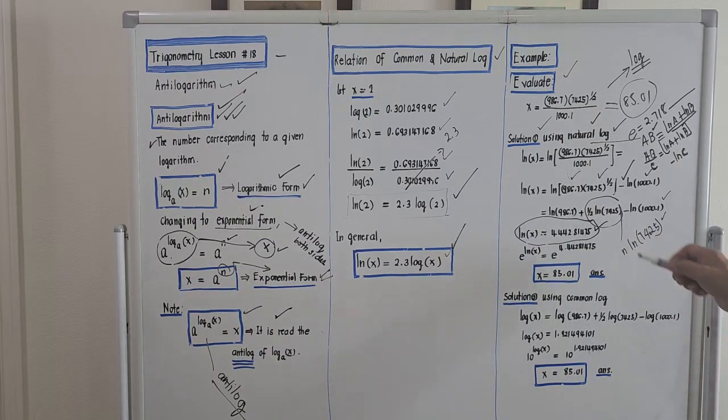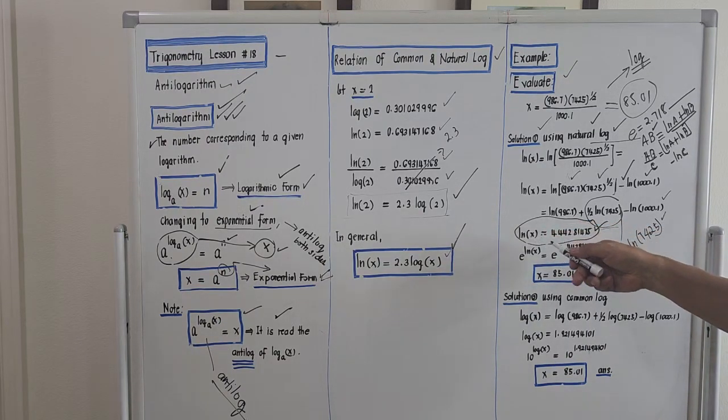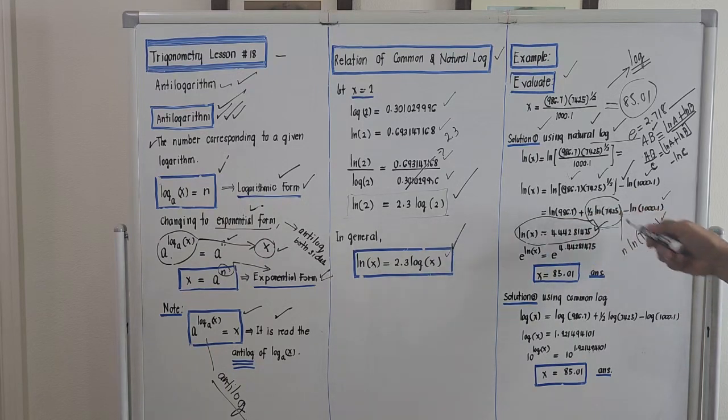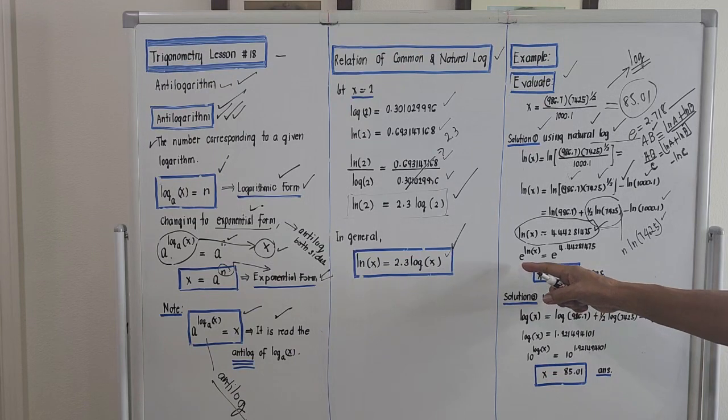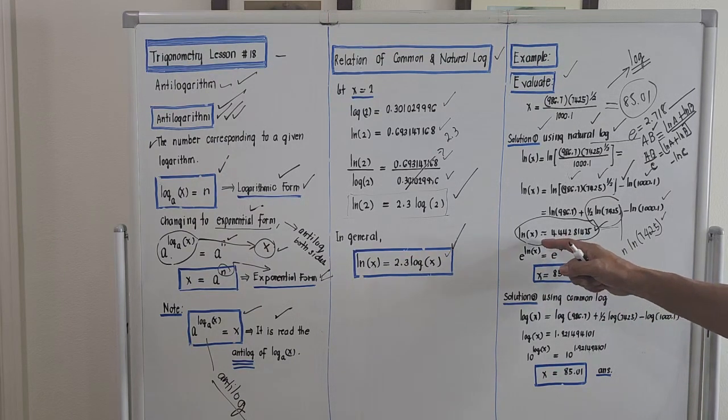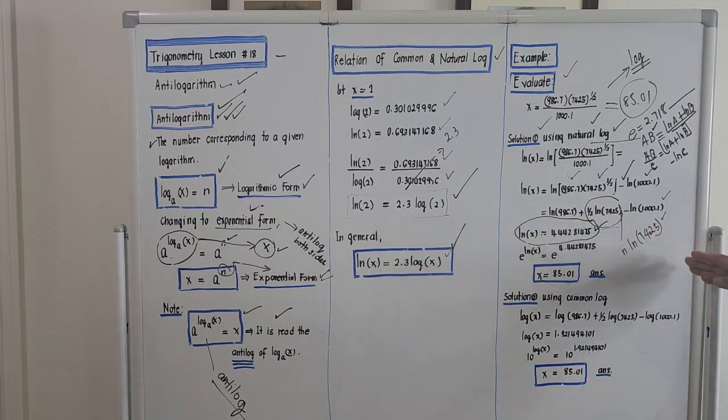4.428145. This is a logarithmic equation, and if we try to take the antilog of this, actually we are changing the form from logarithmic to exponential. So we will take the base, and we raise that base to the given left hand side, and for the right hand side, it will still be the same base, e, raised to the given right hand side.